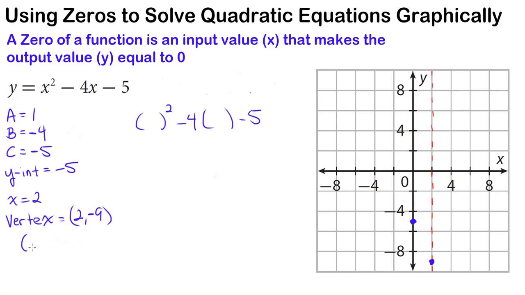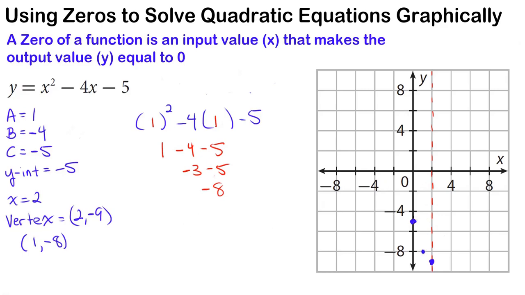I'm going to find the point 1 comma something. If x is 1, we have 1 squared is 1. Negative 4 times 1 is negative 4. Minus 5. 1 minus 4 is negative 3. And negative 3 minus 5 is negative 8. So one of our points is 1 comma negative 8. That's going to be right here.